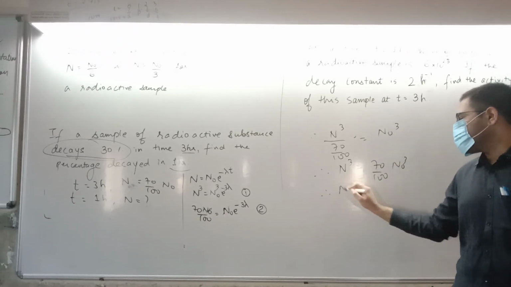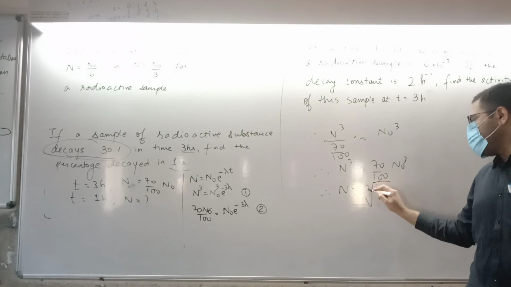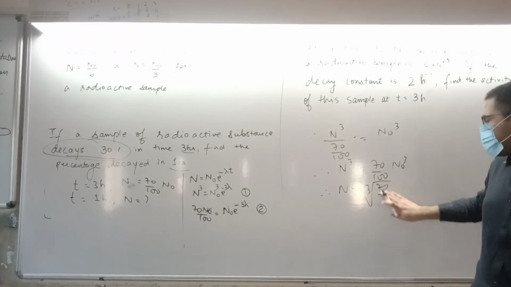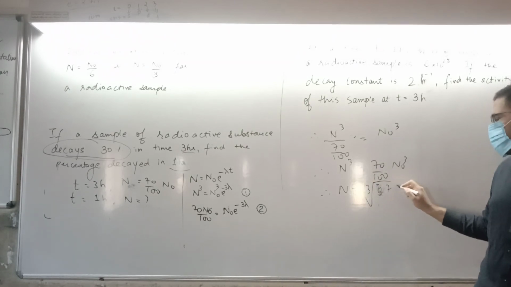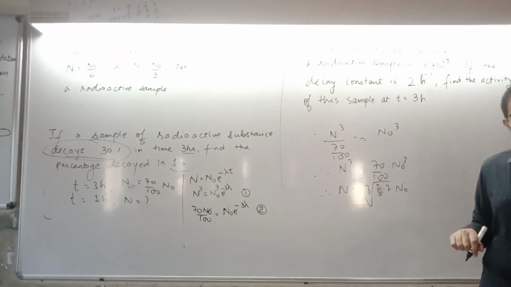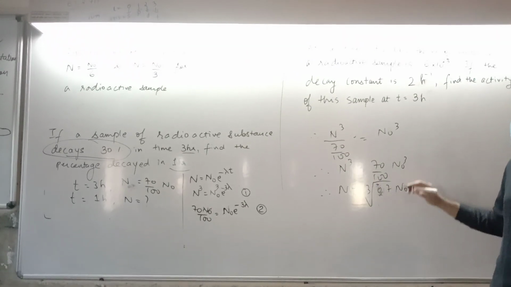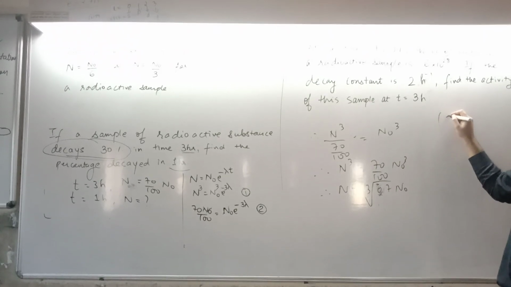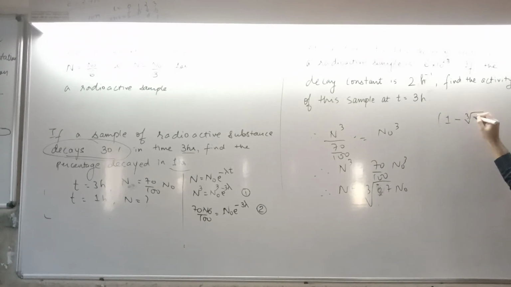So take the cube root. You get n is the cube root of 70 by 100, or 0.7, into n0. Understood? What will be the final answer of this one? It will be 1 minus cube root of 0.7, into 100%.